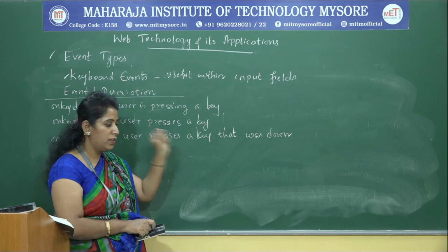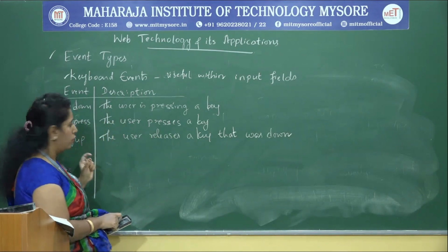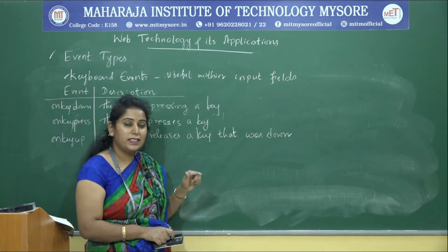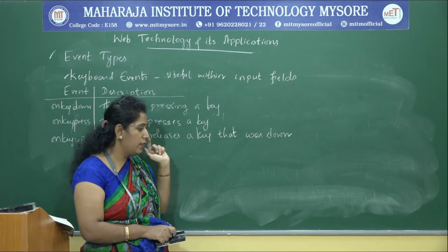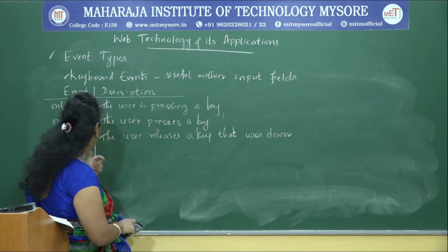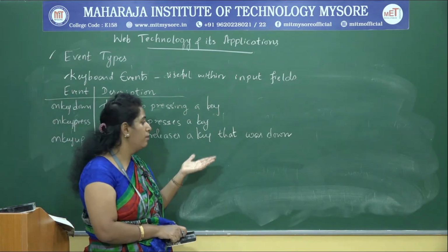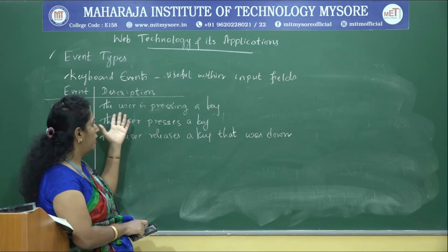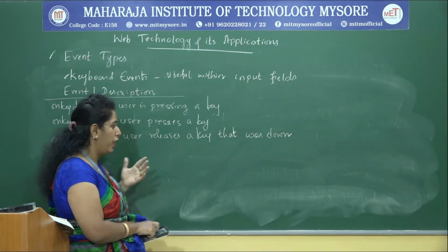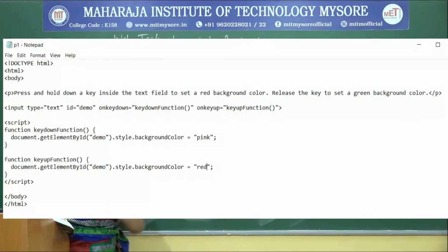If you are pressing some key, that event we call on key down. On key press: the user presses a key. On key up: the user releases a key that was down, in the sense you are releasing a key. Okay, so let us take an example on this.